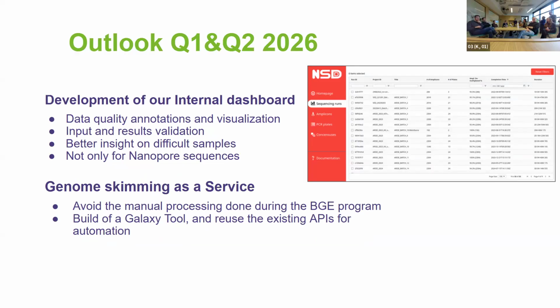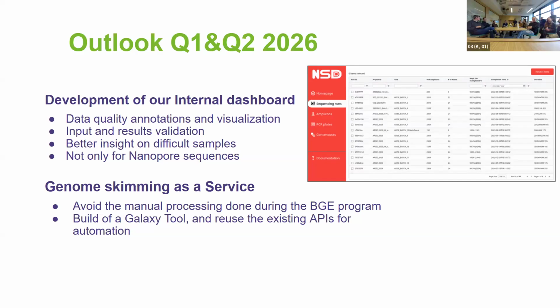We want to add more metrics and more metadata to annotate our data, to have a better insight into what could be the problem in the samples that did not work. And I'm not talking about lab processing, but also sometimes they are amplified, you have a file, but actually there is no consensus out of it. So we need to investigate that.